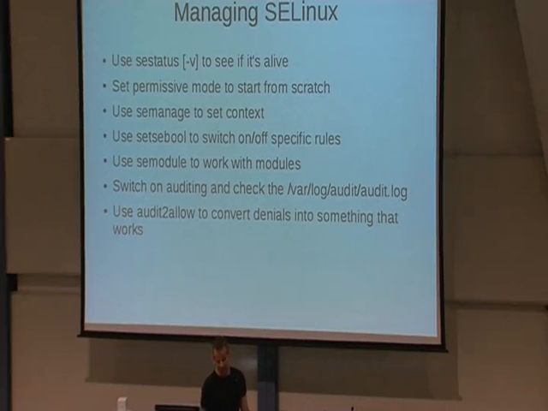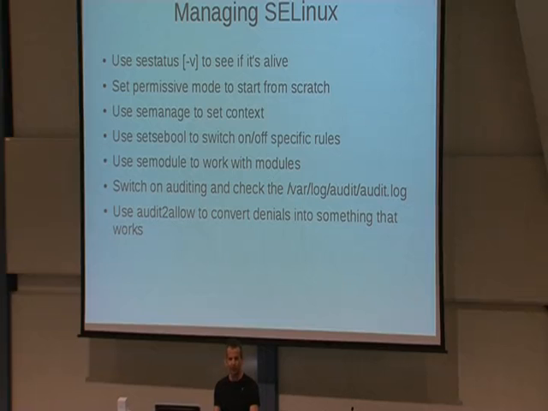And next you can use a useful tool, audit2allow. What audit2allow is doing is interesting, especially from a security perspective. Because audit2allow reads the denial messages, and you can use audit2allow to turn those denial messages into policies. Policies that will allow the activity that has been denied before.